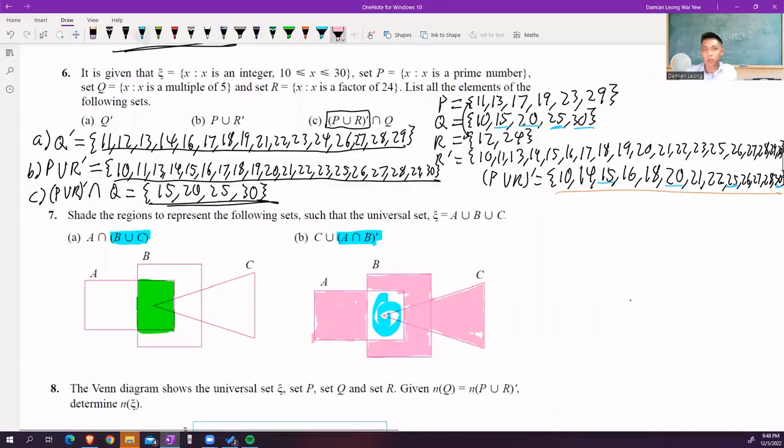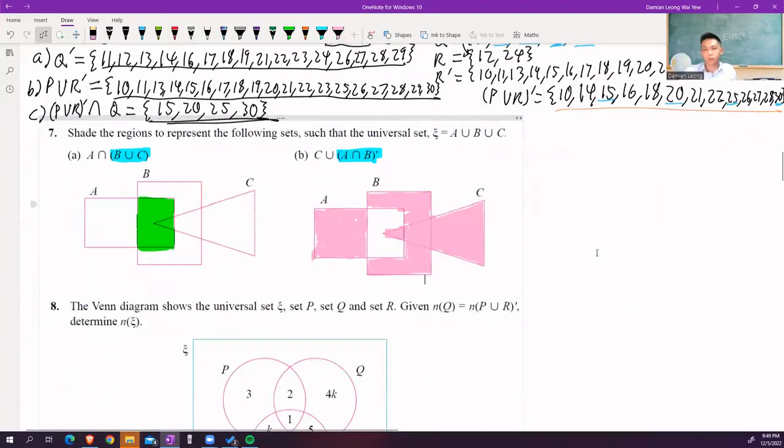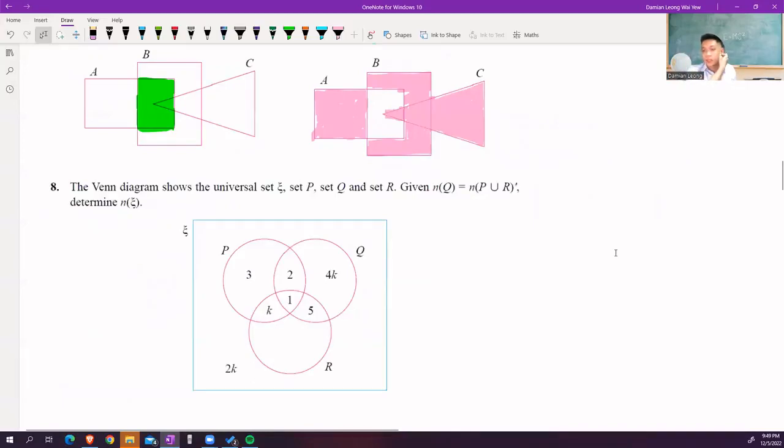Then union C. Union C means I combine everything inside set C as well. So I add on this part. That's the A intersect B bracket complement union C. Make sure you don't confuse between intersect and union.